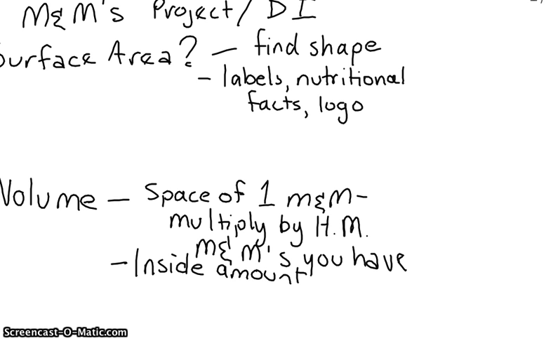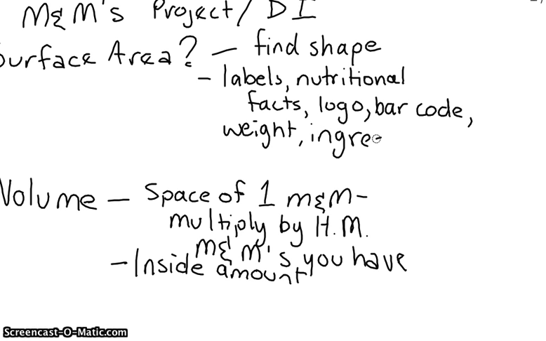Have a look, you people that have got them already, have a look. Barcode. Yeah. What's in the actual M&M. How much they weigh. Weight. The slogan. Average piece of milk chocolate. Ingredients. The slogan. Slogan. All of that.